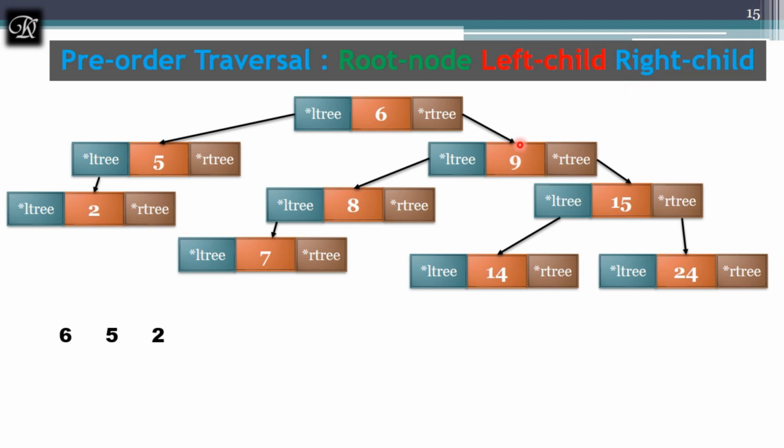On the right child, it is the root node, print, and go to the left child, its root, and go to the left child, its root, and come back to the original subtree we have considered, that is 9, and visit its right child and print its value, visit one more left child, it is 14, and visit its right child 24. This is the end of the tree, and you can notice this is the pre-order traversal of the given tree.